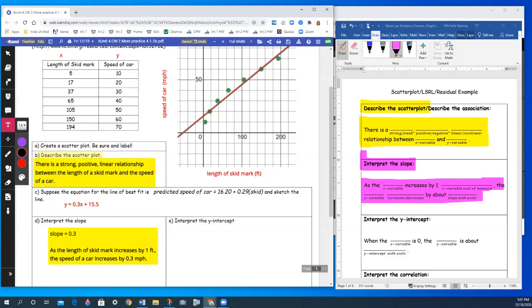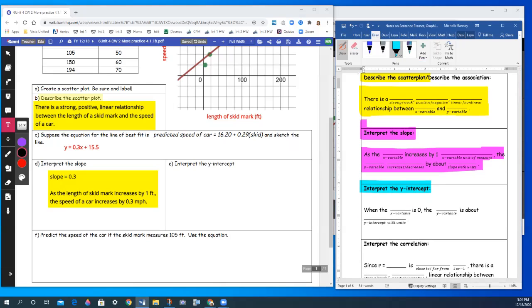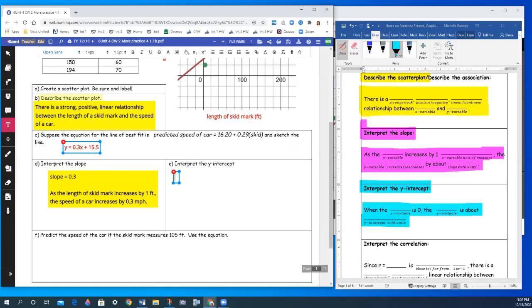Okay. Now for the interpret the y-intercept, it says here for that, when the x variable is 0, the y variable is about blank. So for this one, let me just get my fill here.